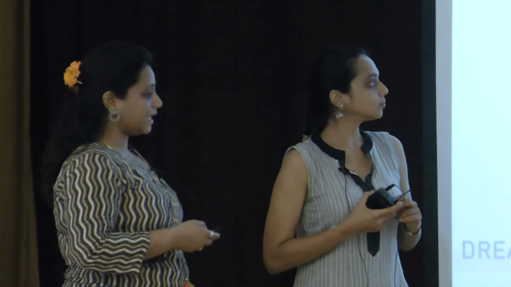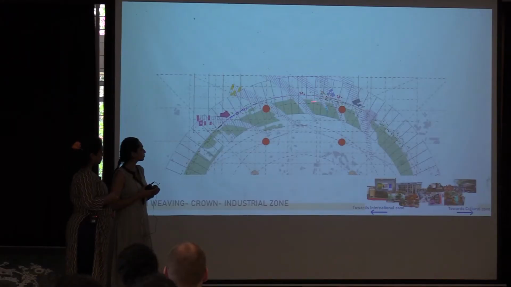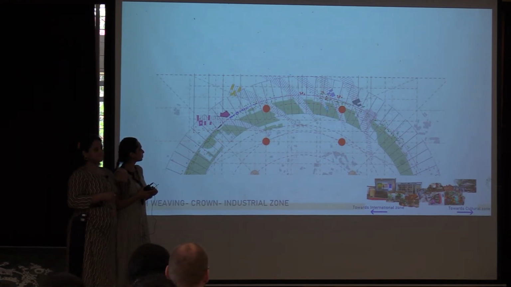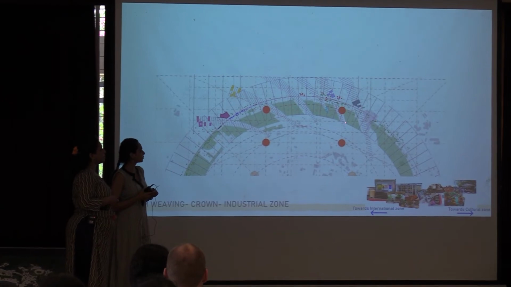Dorley brought this up, which was very interesting, that within the crown we also need some collective spaces and some personal spaces, so that gives us time to reflect. As mentioned in the previous slides, these were the marmasthanas connecting to the center, to the Matri Mandir. So these could become those personal spaces in the industrial zone next to the crown.